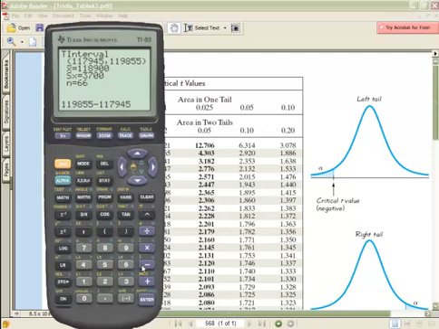I didn't put parentheses around here. I suppose, well, I just press enter and then I'll divide this whole thing by 2. So 955 is your margin of error.